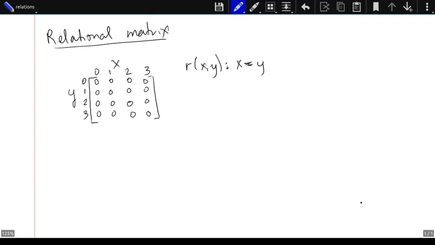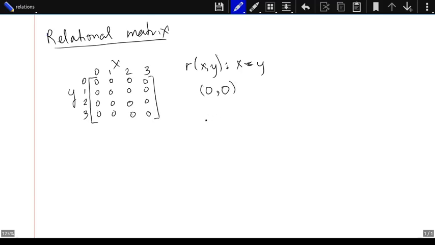To draw a relational matrix, we fill in the dots where our relation holds true for values of x and y. In other words, where we have pairs of x and y. So if we look at the values here, we have x on the horizontal and y on the vertical. And so for the value 0, if we apply x equals y, then the y value that holds true for is just 0.